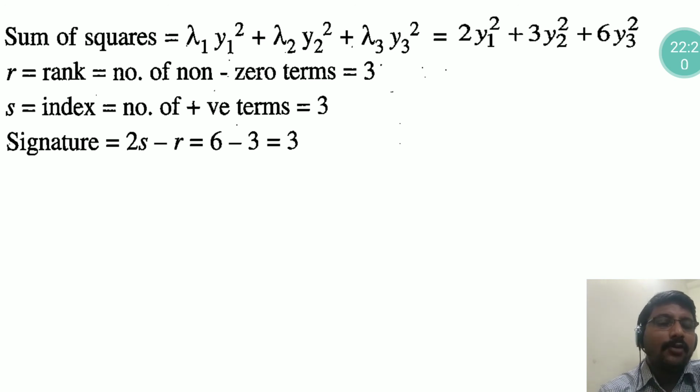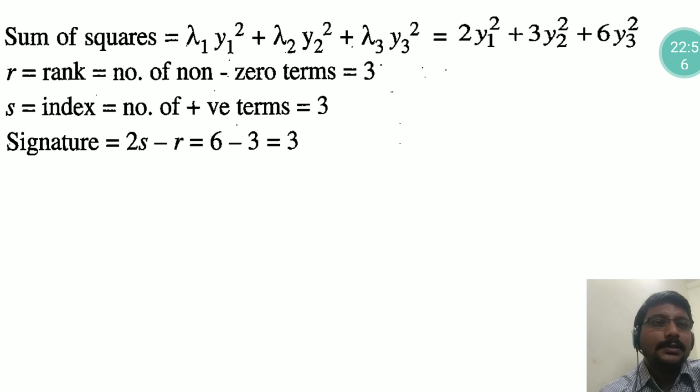Now the formula for signature is 2s minus r. Using s and r, we will have 2s is 6, r is 3, 6 minus 3 is 3. So it is the value of signature. So using the sum of squares, we can define the rank, index, signature also. Rank means number of non-zero terms. S is index, that is number of positive terms. And signature is 2s minus r, that is 3.